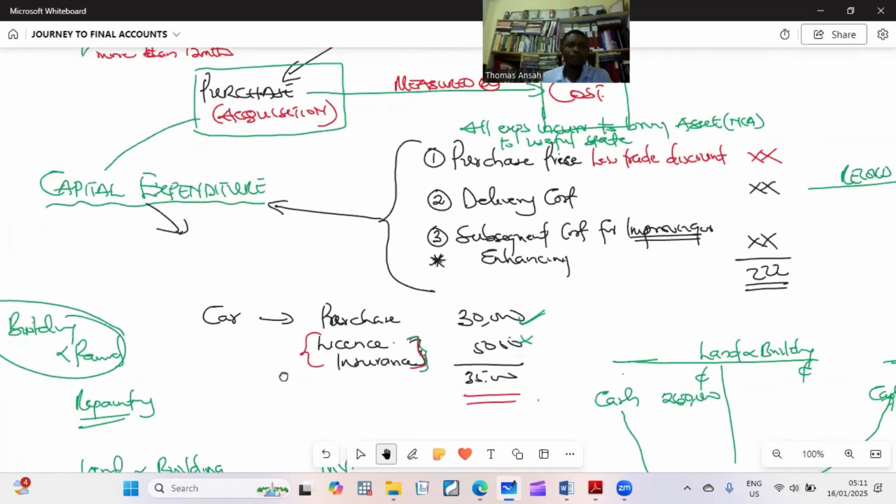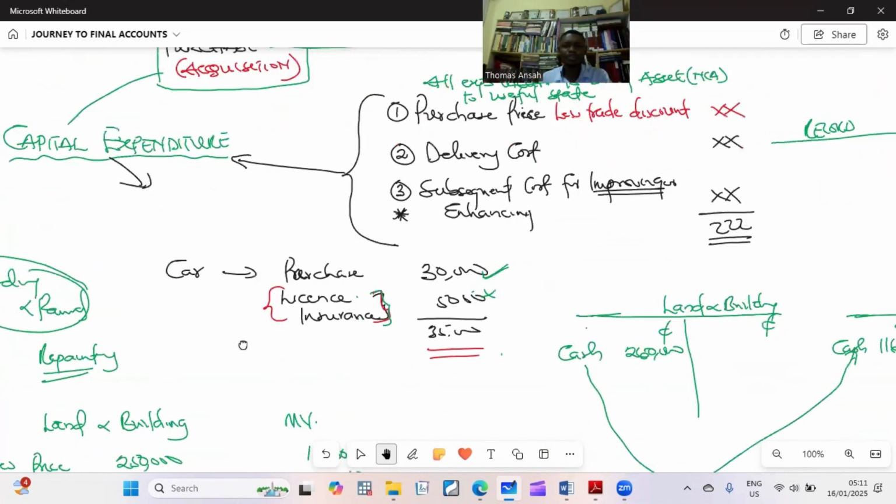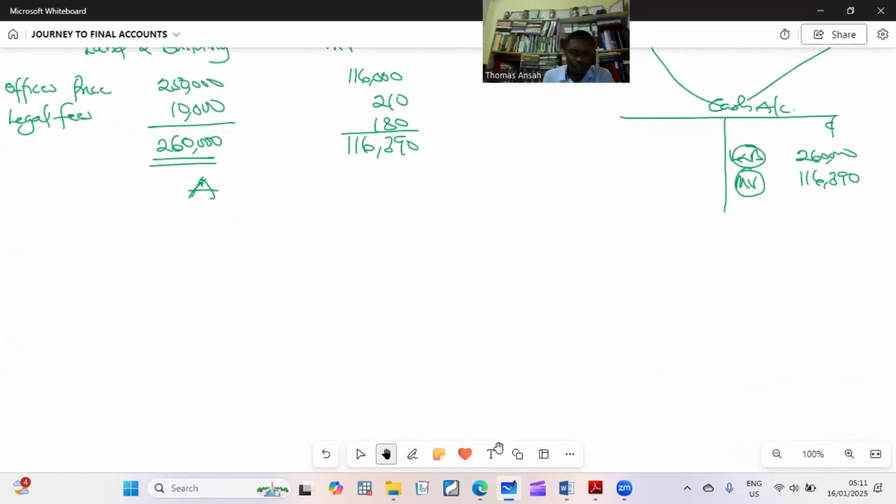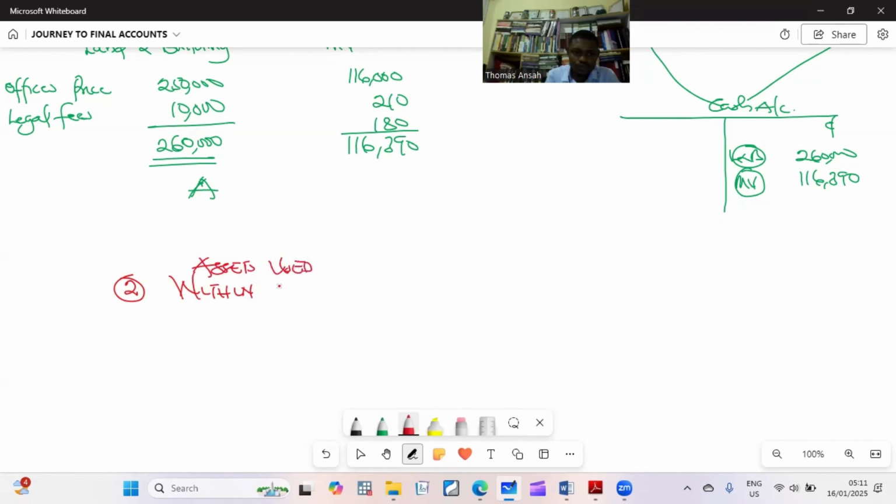Now, what will happen is that the asset will be used during the course of the year. So after acquisition, the asset will be used within the year. You don't just buy it and it stays like that.